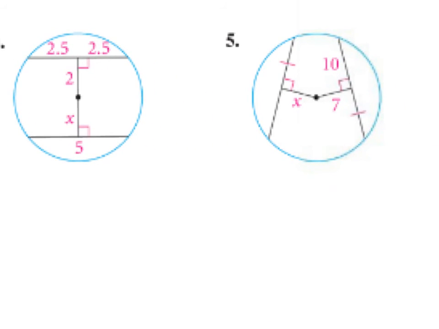And then number 7, or number 5, we know that this is equal to this, and this is a 90, this is a 90, so these two have to be equal, which would make this distance 10, 10, 10, 10, so these two have to be 7.